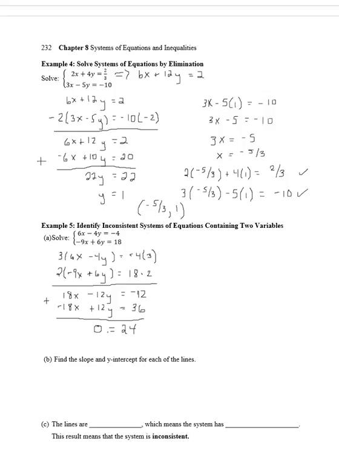Well, now this statement makes no sense because 0 does not equal 24, right? So 0 does not equal 24. That means that this system is what we call inconsistent. And that means that there are no solutions, because these lines are in fact parallel.